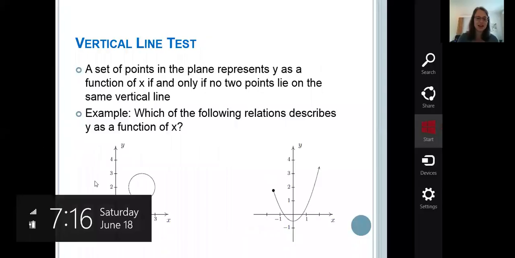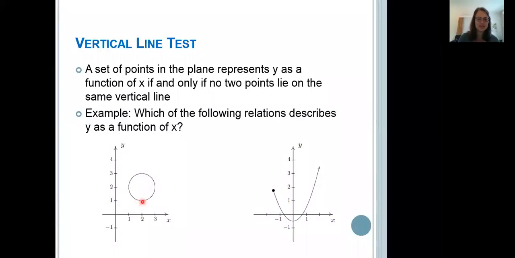So what we're saying here is, this graph of a circle, not a function, because if I pop a vertical line in here and move it around, it hits the graph in two places. This partial parabola, that's a function, because if I drop a vertical line and move it all around, that vertical line only ever hits the graph in one spot. Only one y for every x.